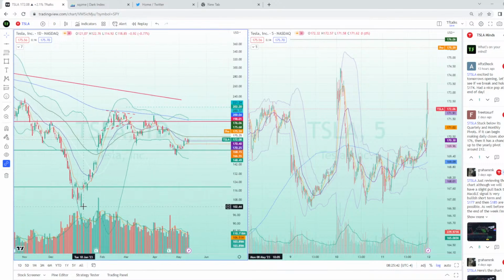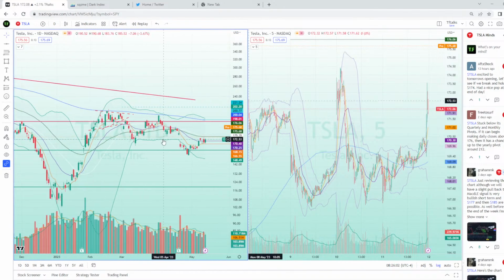And I bought Tesla at this level, but I couldn't hold Tesla all the way up to 200. I sold all my Tesla shares at 145, and I just missed the rest of the uptrend.